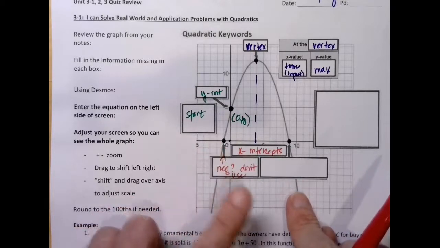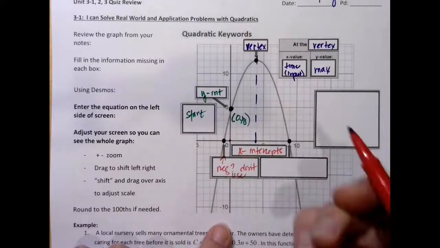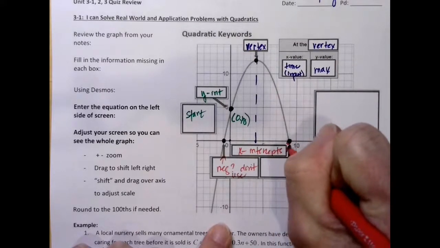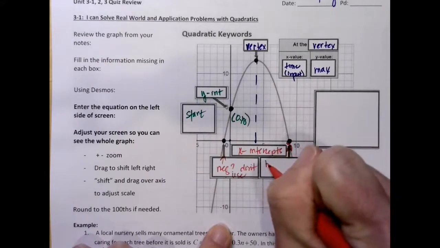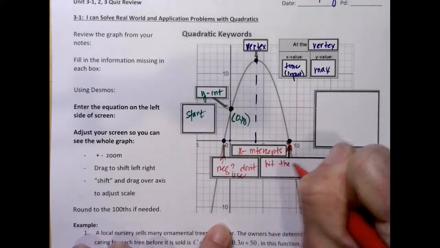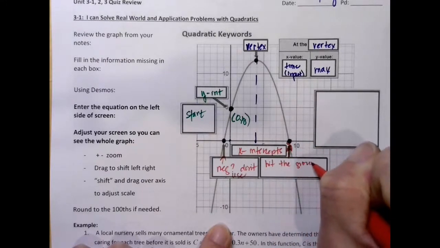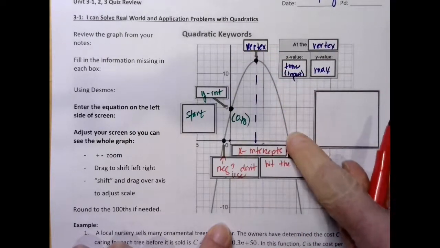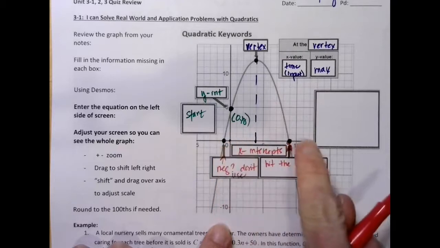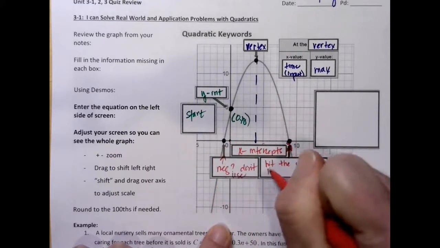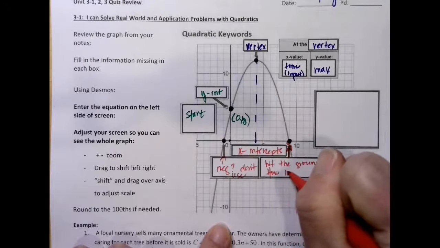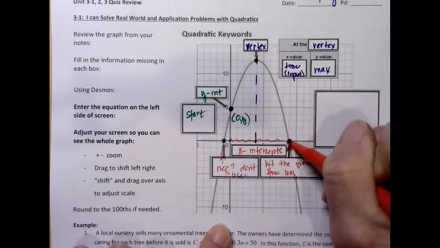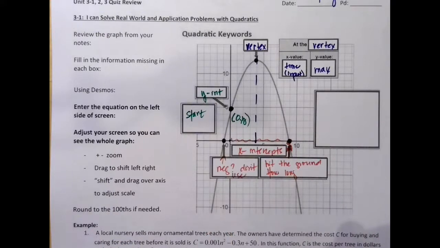We can't have 0 or negative time. When we're talking about our positive 0, this is the one we care about. This usually is when does it hit the ground, whatever is happening, whether it hits the water or hits the ground. It's also telling you how long it's in the air. So if we want to know what the time was as this thing was happening, where does my story stop?